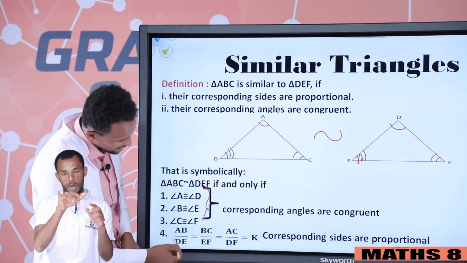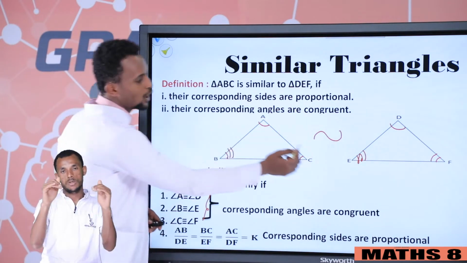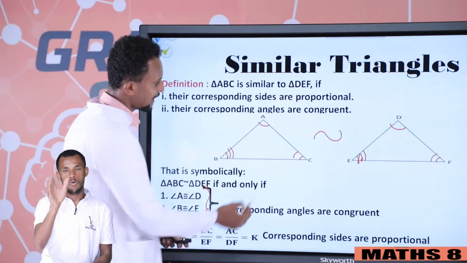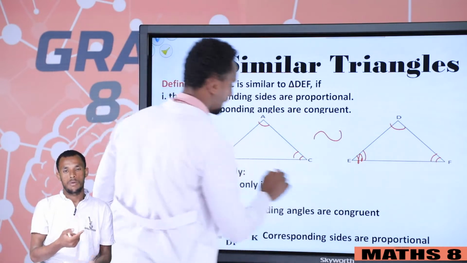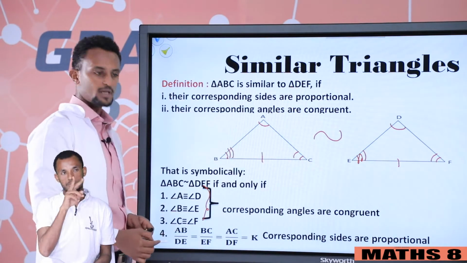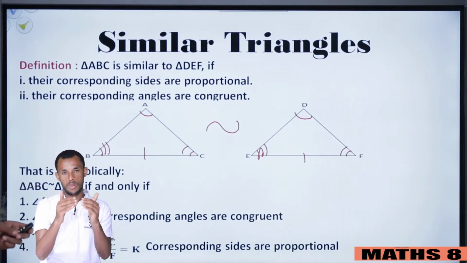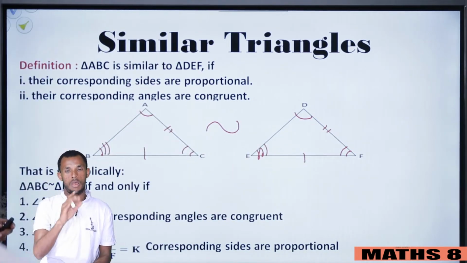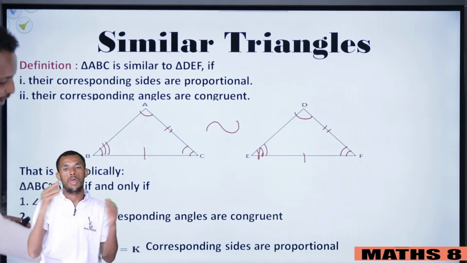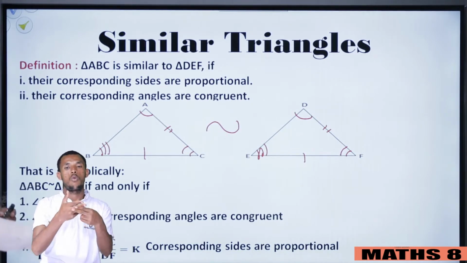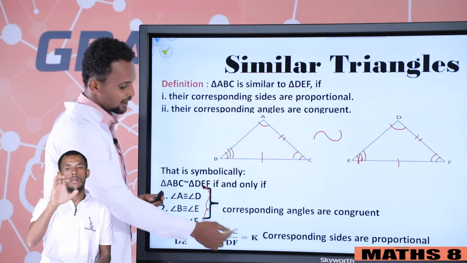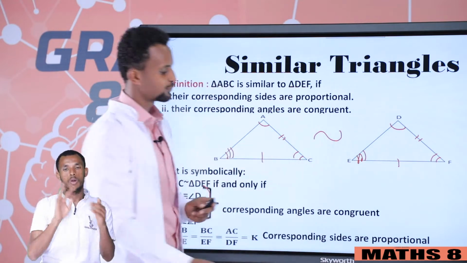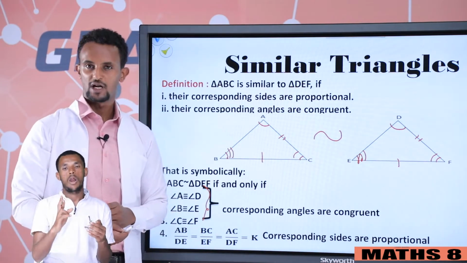The last one, their proportionality means AB over DE is equal to BC over EF, and that has to be equal to AC over DF. These three ratios have to be equal. This ratio is called the scale factor K. If these three ratios are equal, then we can say their corresponding sides are proportional.